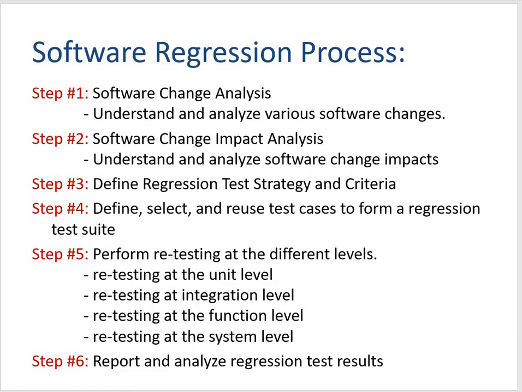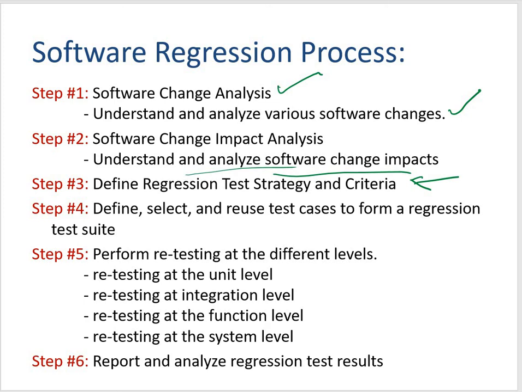So the entire software regression process starts with software change analysis, where we understand and analyze various software changes. Then we look for software change impact analysis. That means what all changes are going to bring what all impacts. So we understand and analyze the software change impacts. Then we define regression test strategy and criteria.